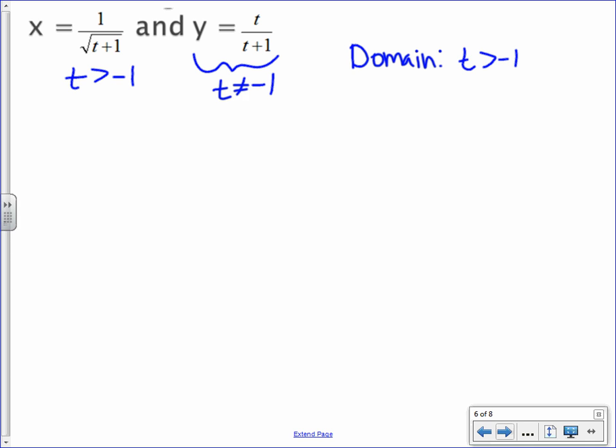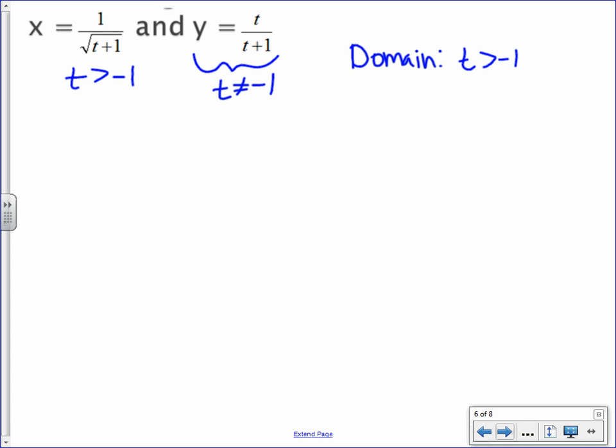Which one of these is it going to be easier to solve for t? I just don't like the square root. Here's my issue with y. There's two t's there. Do you see that? If it were a 1 on top, it'd be easier.